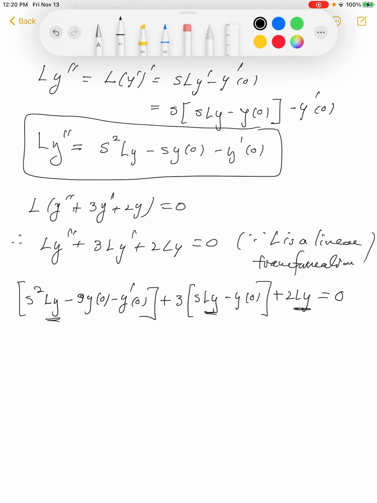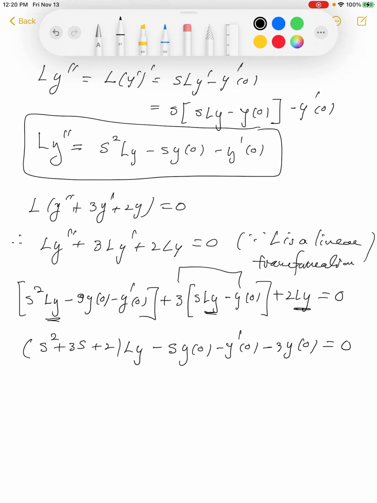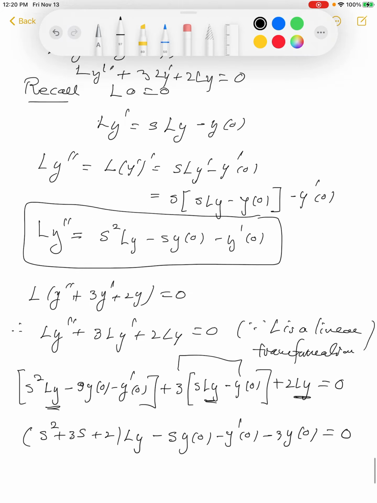So this will give you an equation for Ly, which will be algebraic. So I collect Ly together, I get s squared plus 3s plus 2 times Ly, minus sy0 minus y prime 0, and then this product will give you minus 3y0 equal to 0.